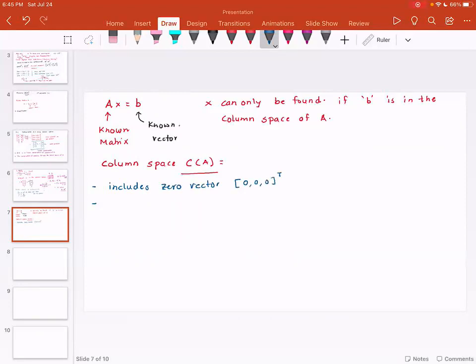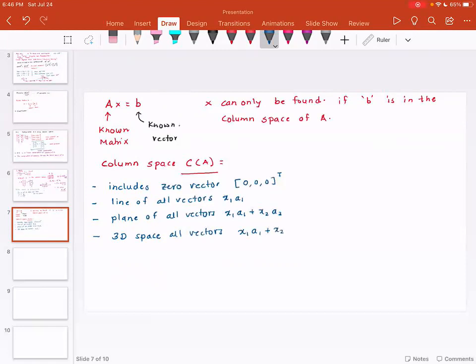It includes a line of all the vectors x1 a1, a plane of all vectors x1 a1 plus x2 a2, and the complete 3-dimensional space, assuming A is a 3-dimensional matrix, with all vectors x1 a1 plus x2 a2 plus x3 a3.